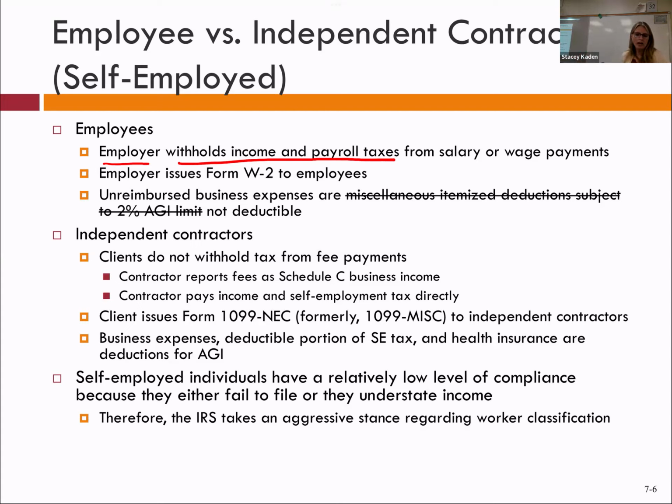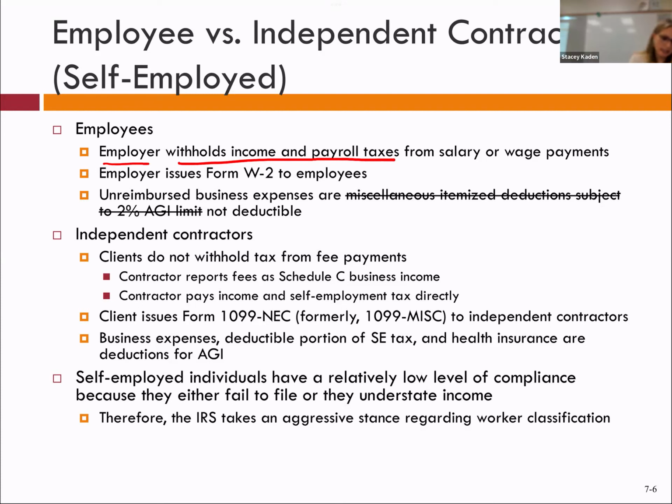Okay. If you are an employee and you have expenses related to your job, so if I were to buy expo markers, because there are never any in here, at this point in time, that is an unreimbursed business expense that an employee has.